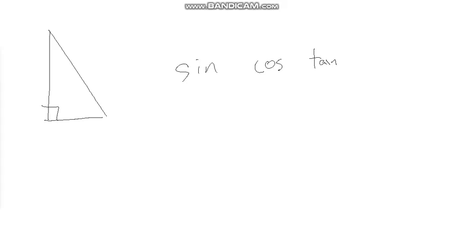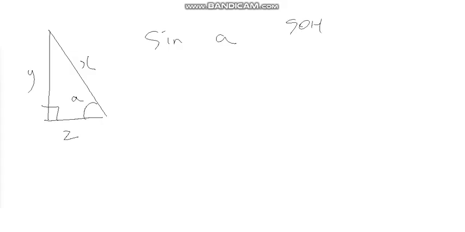Anyways, back on here. This angle is A, and you want to find sine A. Let's say the other sides are labeled x, y, z. As shown earlier, SOHCAHTOA, you have to memorize this.